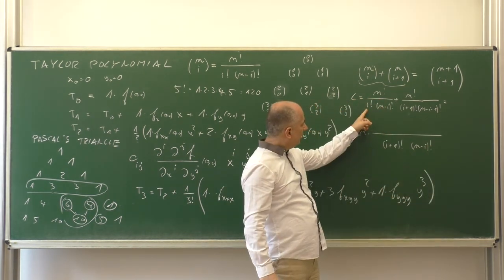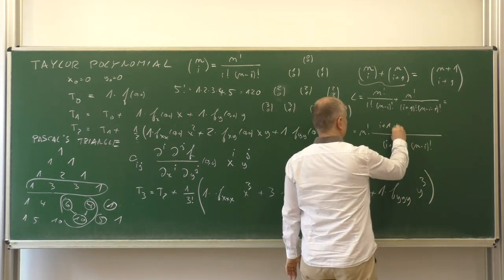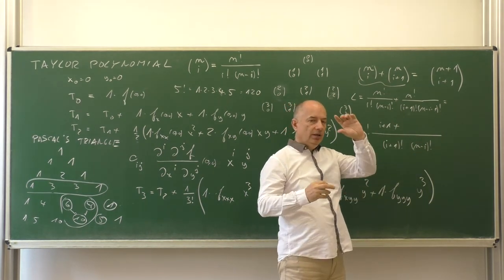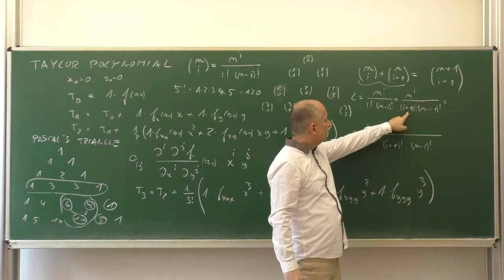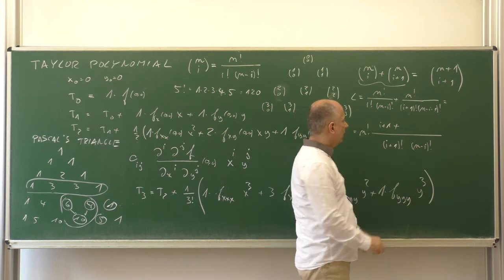That means we have multiplied the first fraction by i plus 1, and we have multiplied numerator and denominator of the second fraction by n minus i.